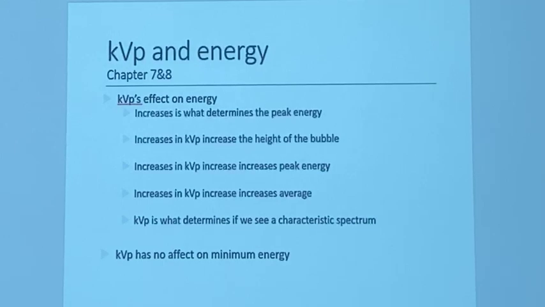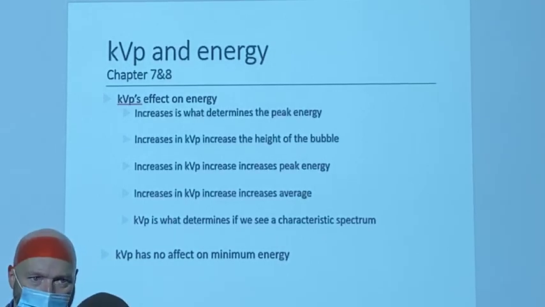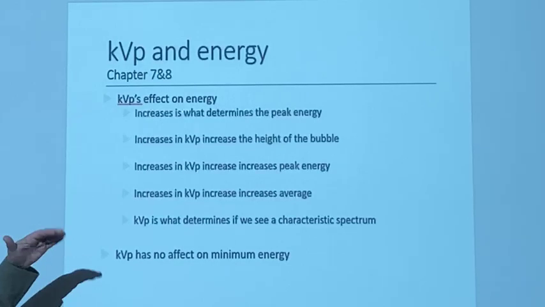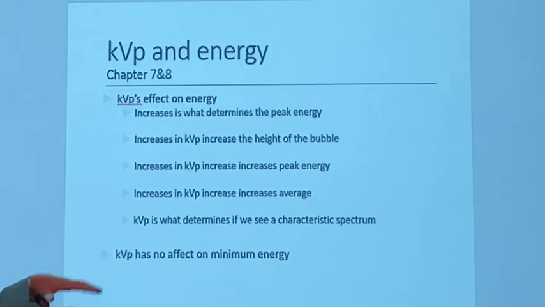So if we have more kinetic energy to lose, then we're going to have a higher peak energy. So increases in kVp increase the height of the bubble. Now we're talking about the brems spectrum, right? So increases in kVp increase the peak energy, increases in kVp increase the average energy. kVp is what determines if we get a characteristic spectrum. So kVp has no effect on minimum energy.